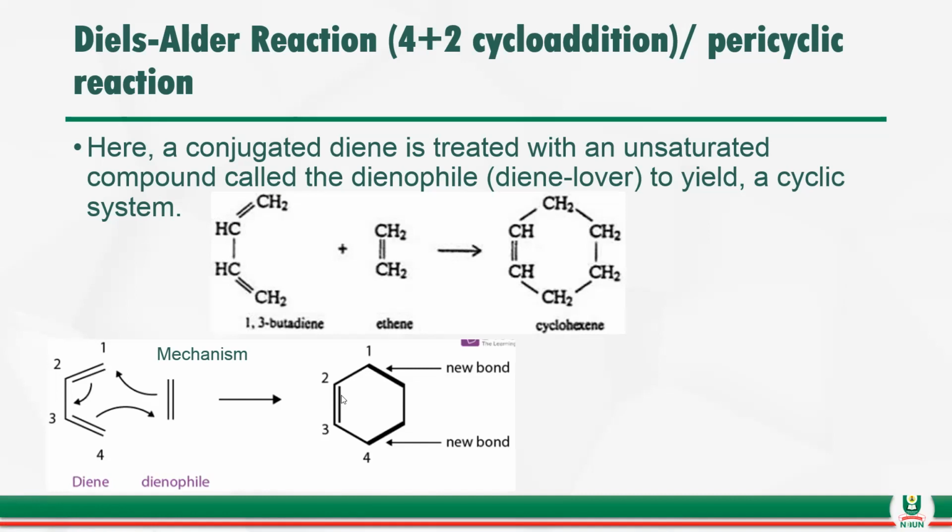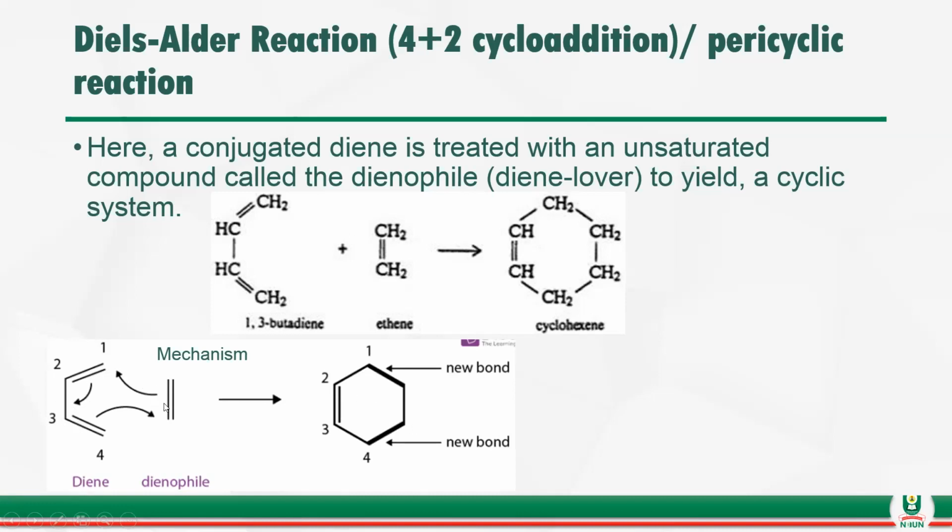So you see first, the electron-rich diene attacks this position, and then this bond delocalizes to a position between 2 and 3. And because these are conjugated, as soon as this delocalizes, it prompts the delocalization of the 3 to 4 carbon-to-carbon double bond to form a ring system, which is this.